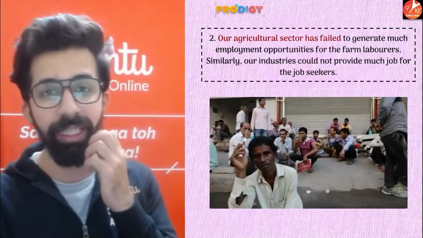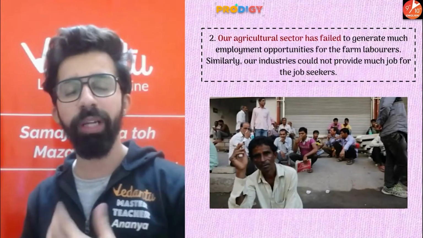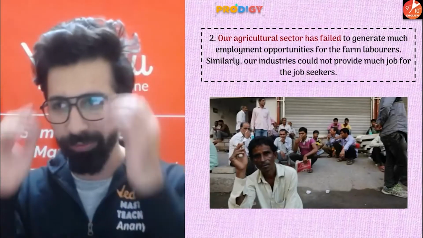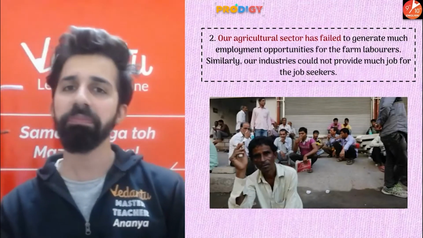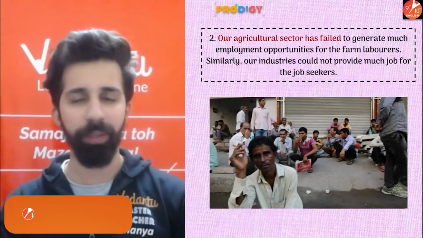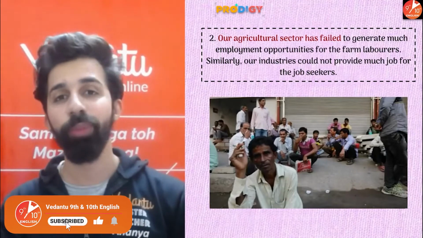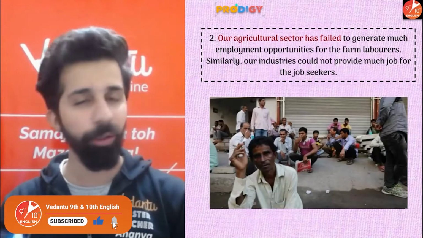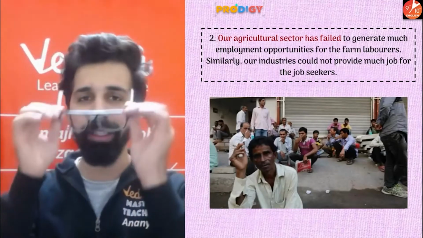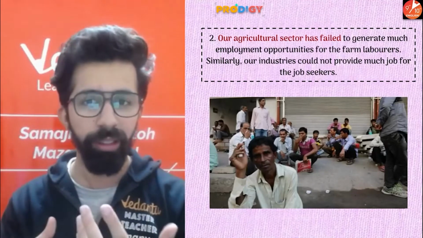Second, our agricultural sector has failed to generate more employment opportunities for farm laborers. As we know, the agriculture sector employs the maximum number of people in India. After the agricultural sector, it is small industries which employ people on a very large scale. Not everyone in agriculture gets work throughout the year.